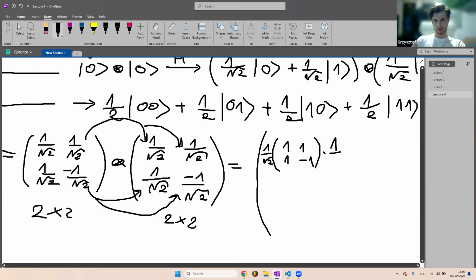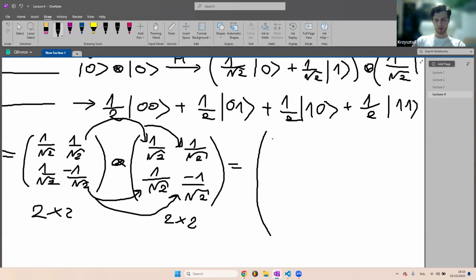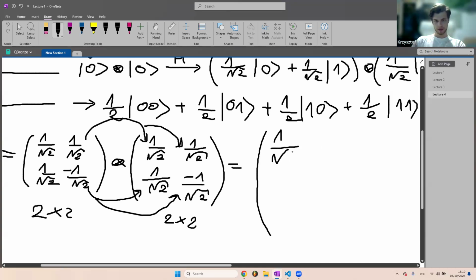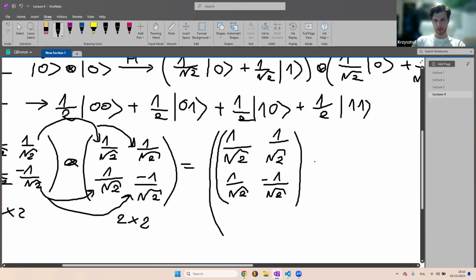I'll stick with the notation I have so far. So 1 over square root of 2, 1 over square root of 2. This will be a lot of writing, but I hope you will get the idea. So this is the first matrix in front of the first element, times 1 over square root of 2. And now we will copy the same matrix 3 times. It's very convenient to use graphic tools.